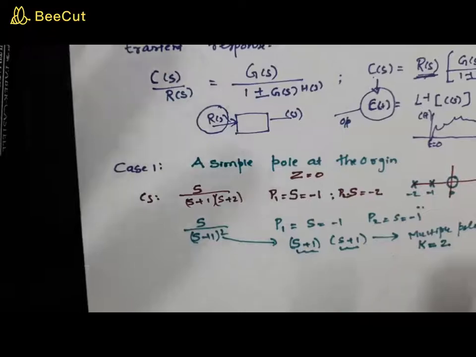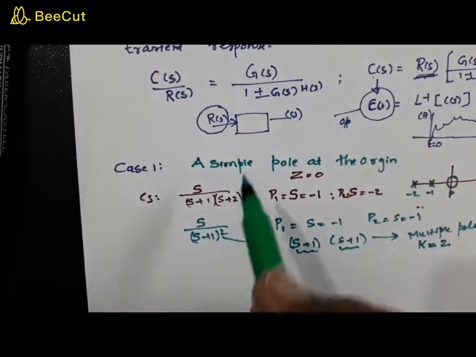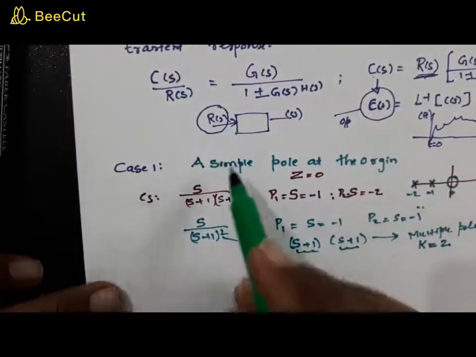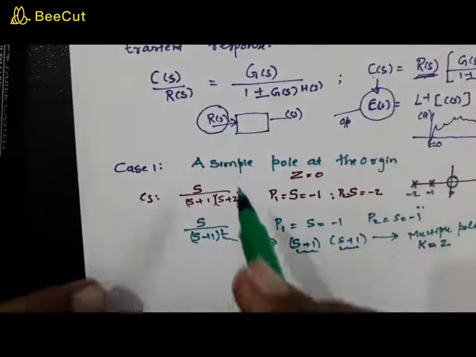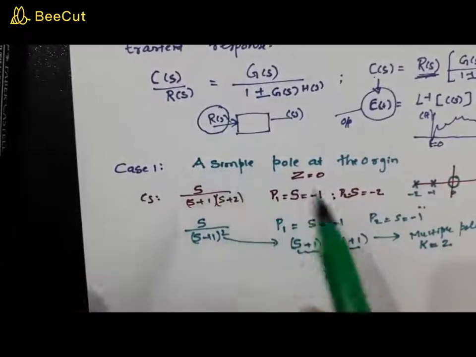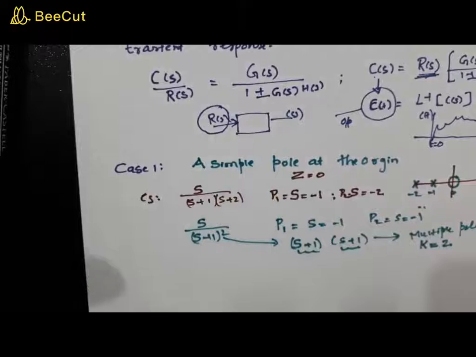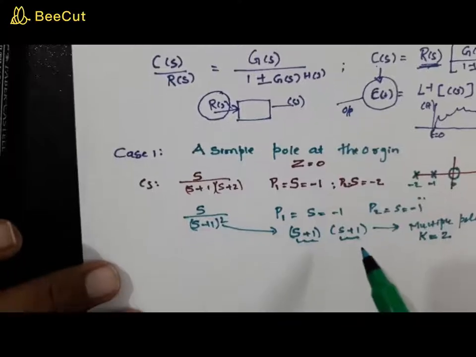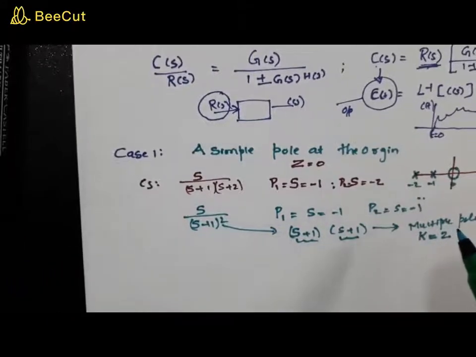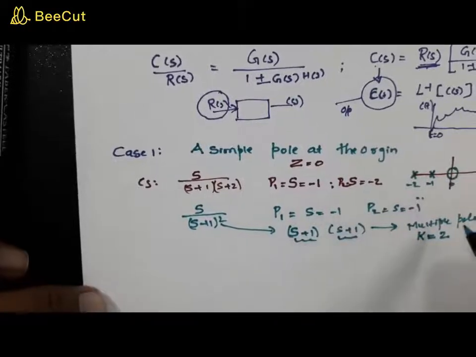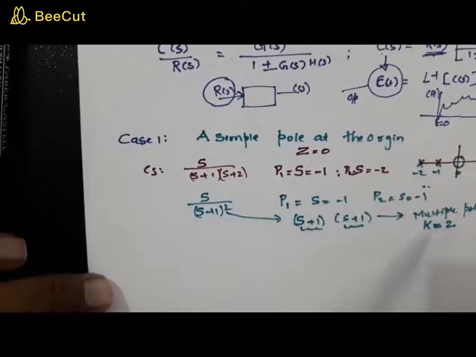From this you understood there are two different types of poles, and this is applicable to zeros as well. A simple pole is a pole where in a particular location there is only a single pole, while multiple poles are in the same location with more than one pole.